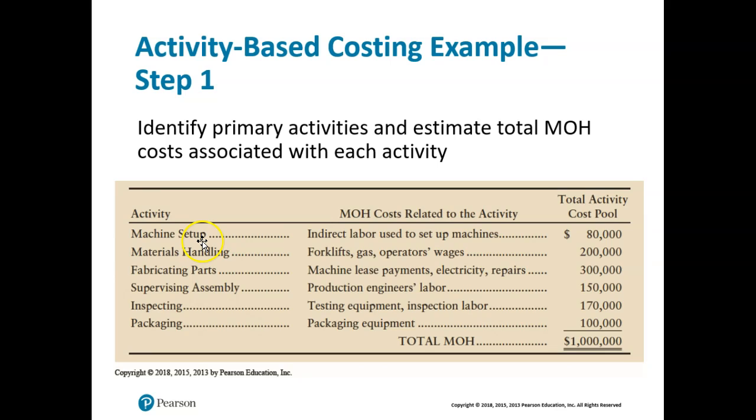They've got machine setup. We found out that setup, for example, took a long time. Material handling: forklifts, gas, operators' wages. Prefabricating or fabricating parts. Machine lease payments, electricity, repairs, supervising, assembly. Then there's inspection and packaging. Inspections cost $170,000.